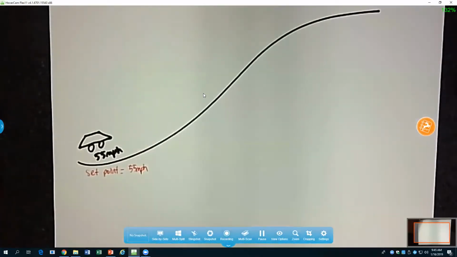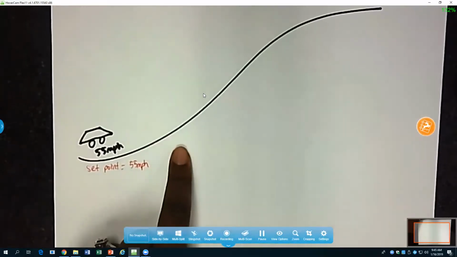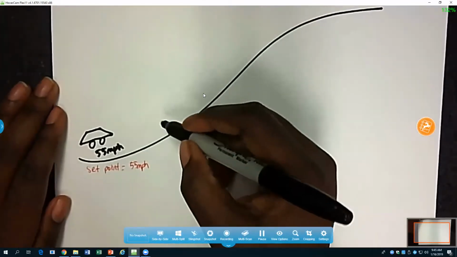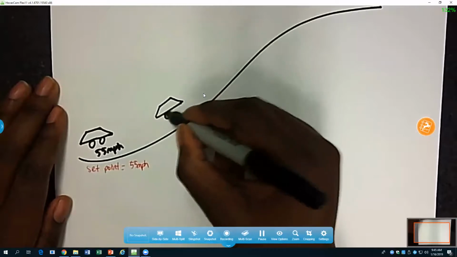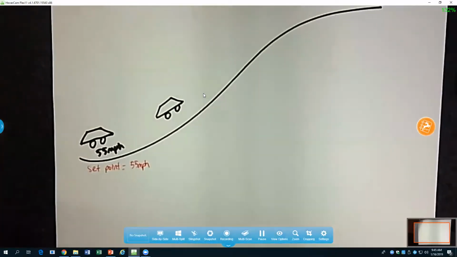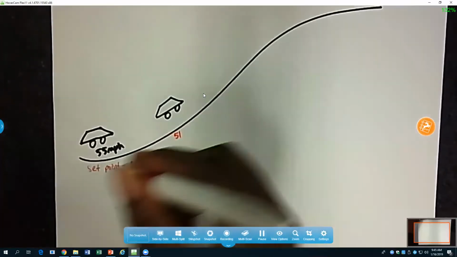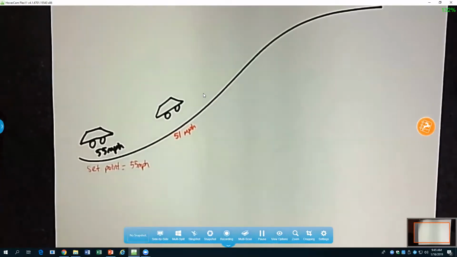Now, as we approach the foot of the hill and attempt to ascend this hill, we're going to slow down. That's a natural phenomenon. Let's say we're now at 51 miles per hour. So what's going to happen is we're going to send off an error signal.